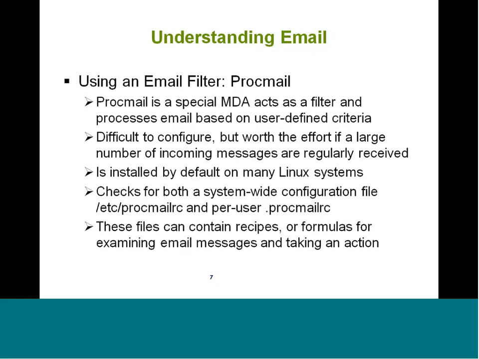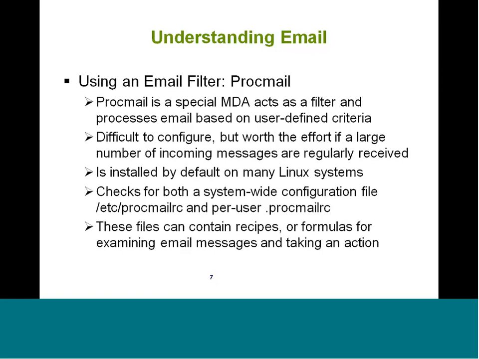Procmail itself checks for a system-wide configuration file, which is stored in /etc/procmail_rc, and then it goes into your home directory to look for a .procmail_rc file. The configuration is done in two ways.